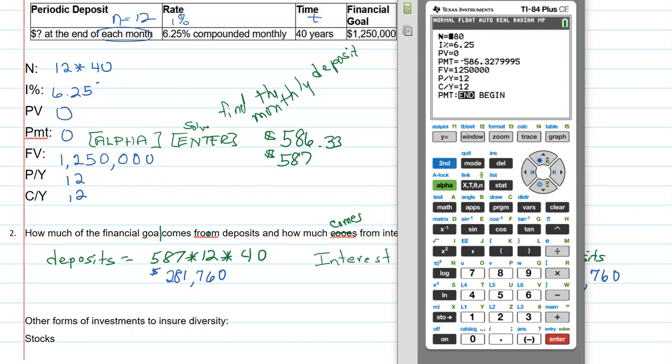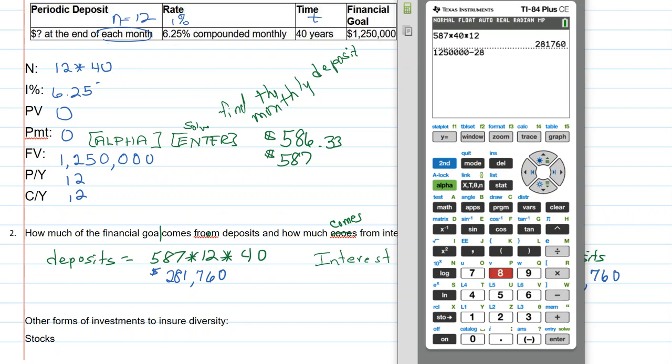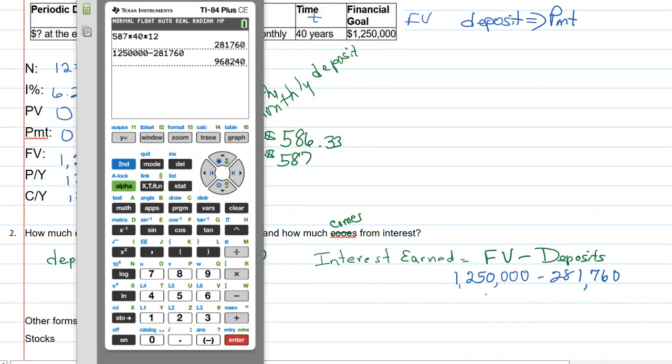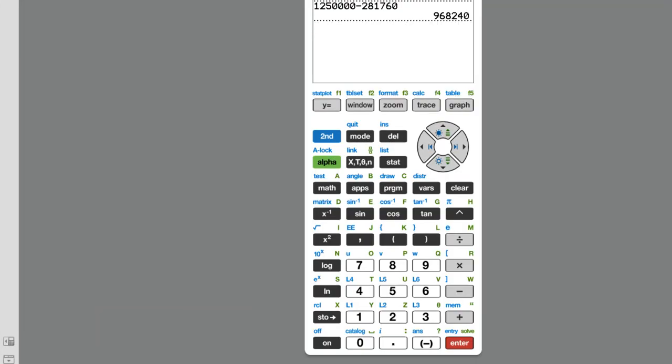Oh, yeah, I did. Okay, just making sure. 1,000,000 minus the 281,760. Well, we get 968,240. Wow, in interest earned. All right. Okay, we've completed.